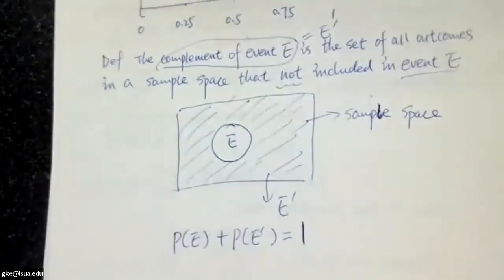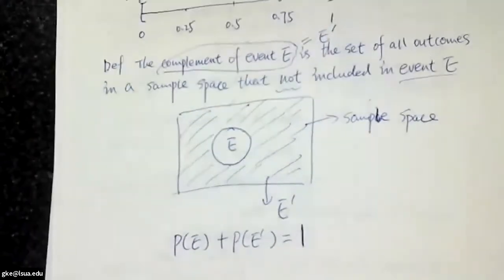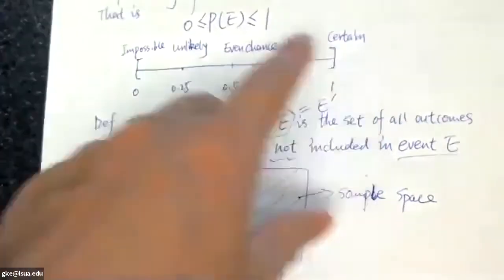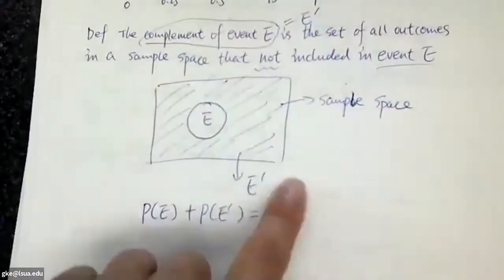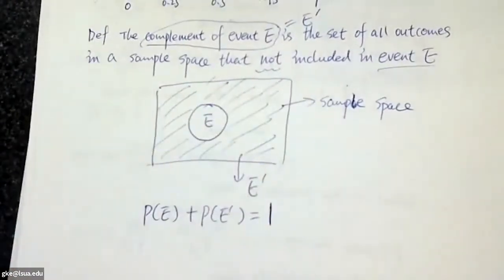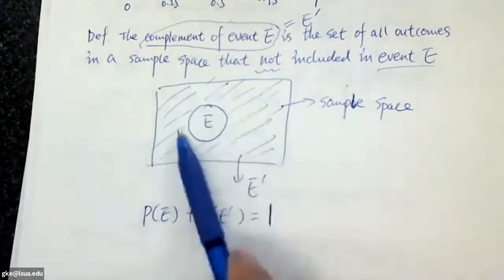Okay, 1 means what? Means certainly going to happen. If probability equals 1, so if you include all the sample space, that means the event is definitely going to happen, because you include everything.